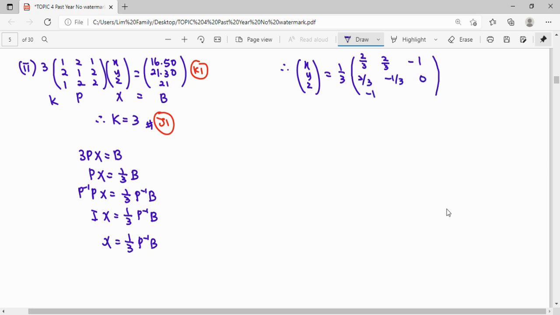So this is our P inverse. Then plug in our matrix B, which is 16.5, 21.3, and 21. Then we do the multiplication.